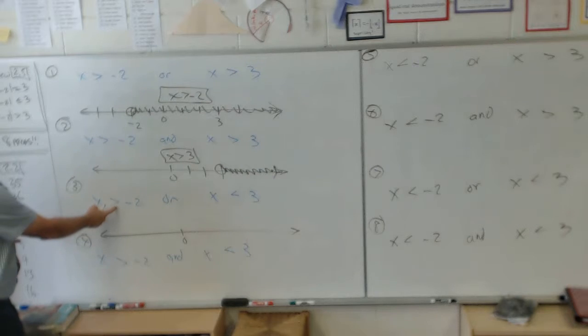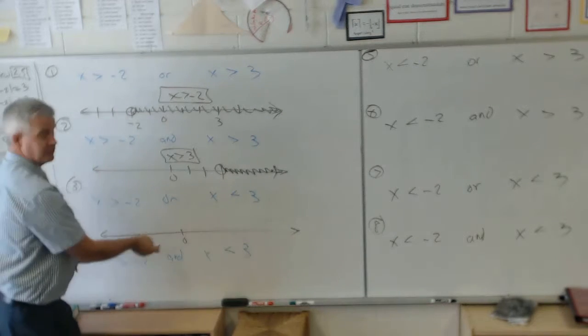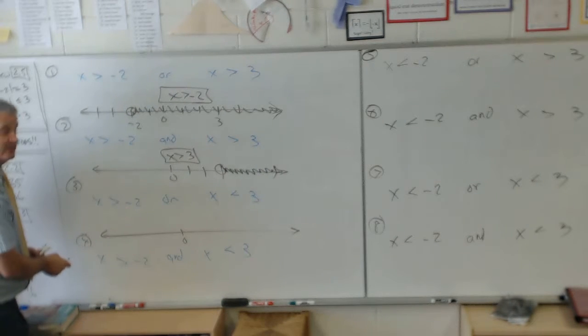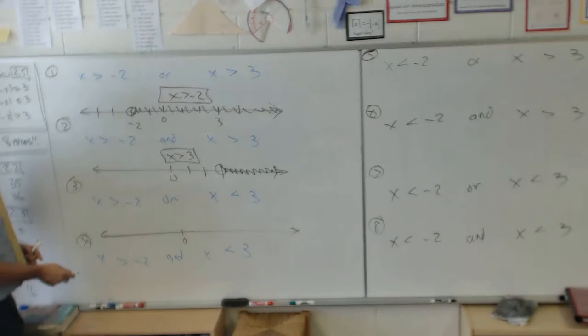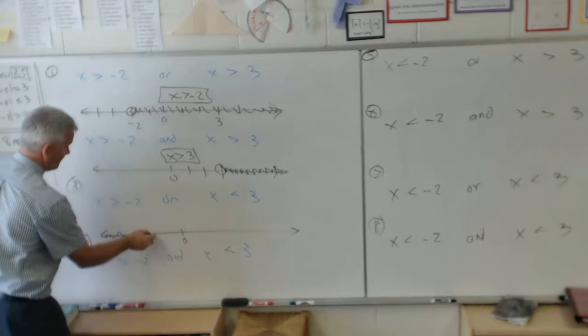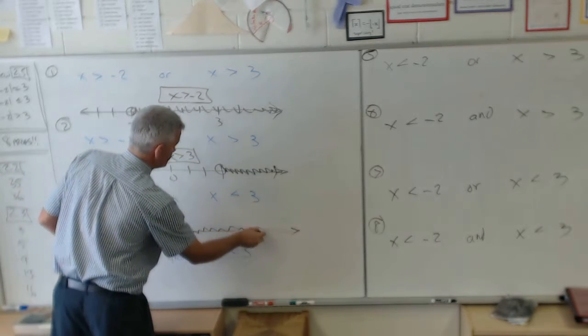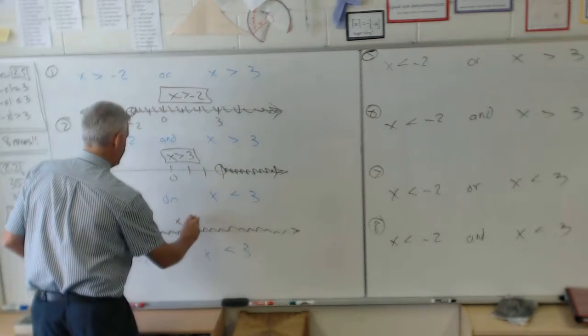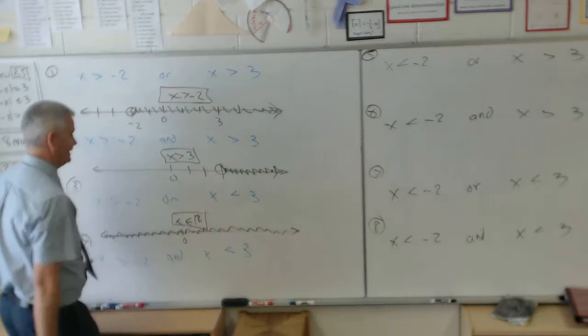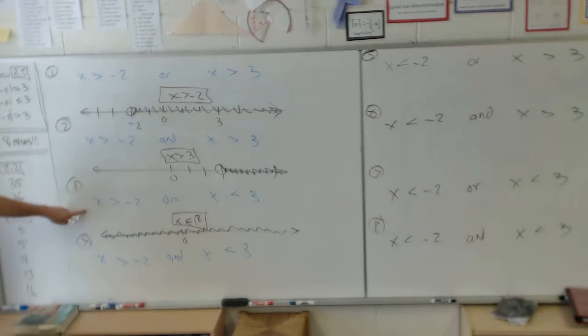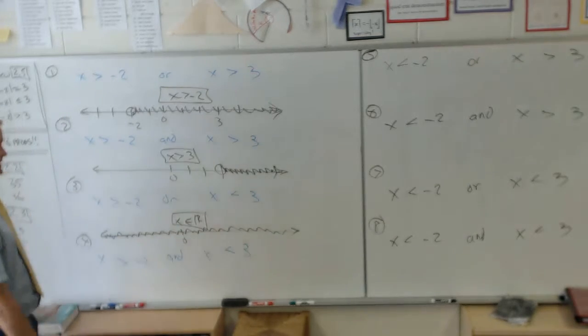We need numbers that are greater than -2 or less than 3. What's in? Alyssa, answer. Everything. All real numbers. What a nice, friendly problem. Everything works. Every number is greater than -2 or less than 3. There's no exceptions.